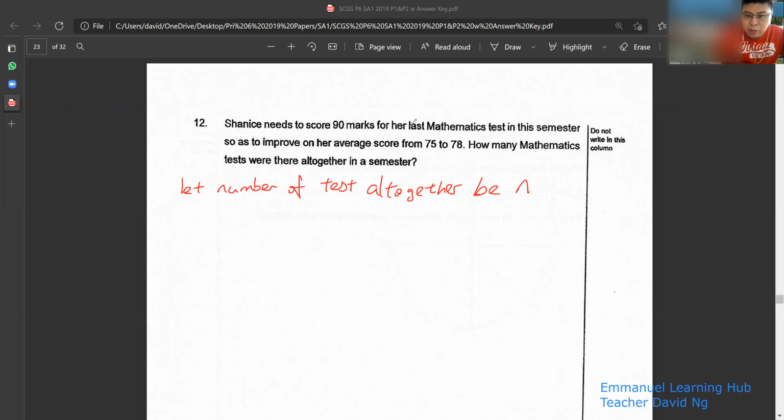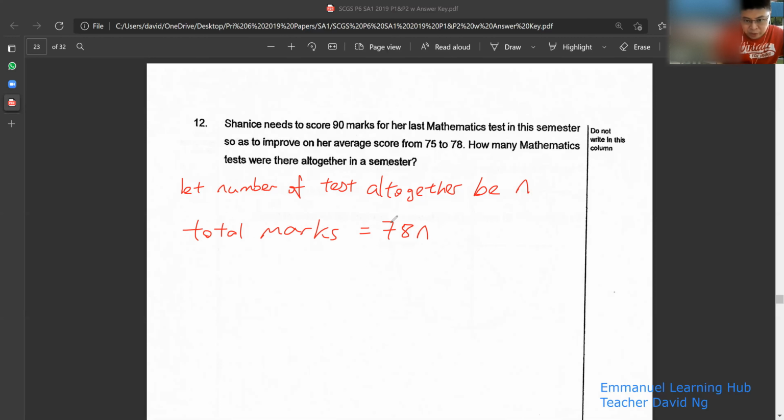So she needs to score 90 marks for her last semester test, so as to improve from 75 to 78. So her total marks will be 78 times N, because the number of tests taken is N, and she wants to improve her average mark to 78.